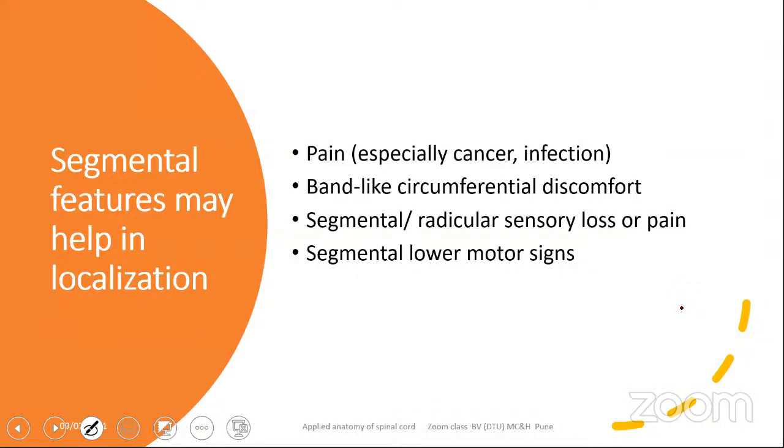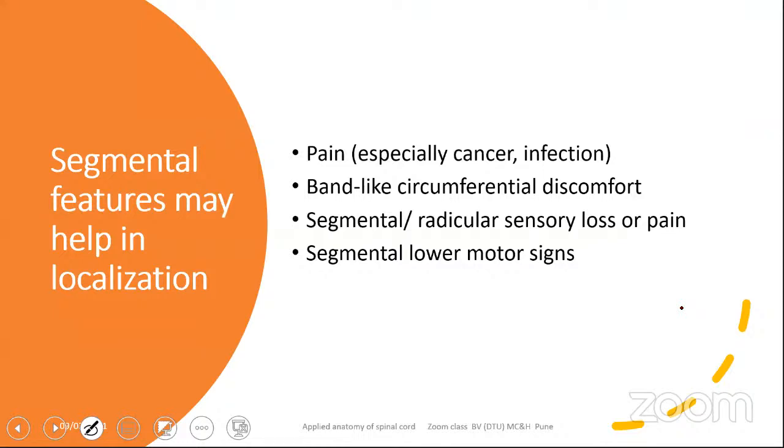The pain, band-like circumferential discomfort, segmental radicular sensory loss or pain, segmental lower motor signs. That means a person with spinal cord disorders will present with pain or a band-like circumferential discomfort or a segmental radicular sensory loss or pain, or segmental lower motor signs.